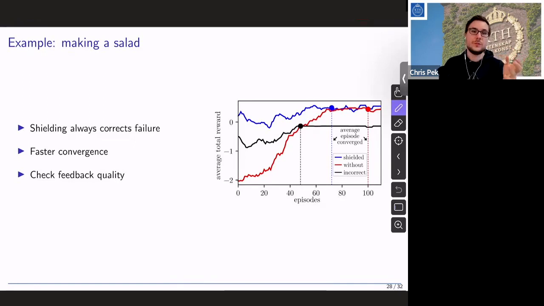And this is very important for everything when you consider humans in the loop for reinforcement learning. It is an uncertain source of feedback, and you need to treat it like that. So in this case, if you get incorrect feedback, you need to have some kind of sanity checks beforehand to check if the feedback is of good quality, and then you can deploy the shield to the robot.